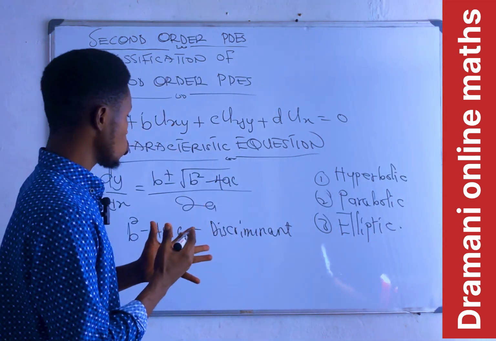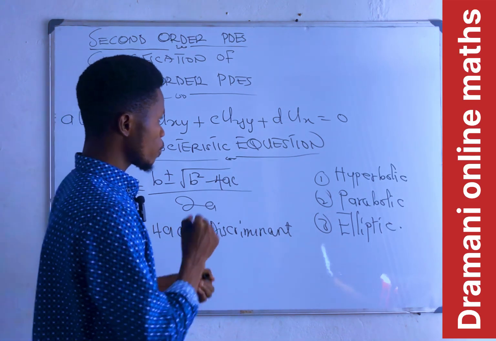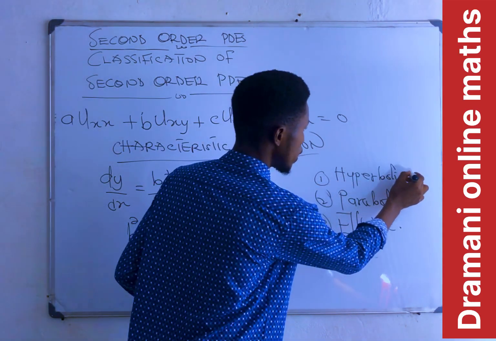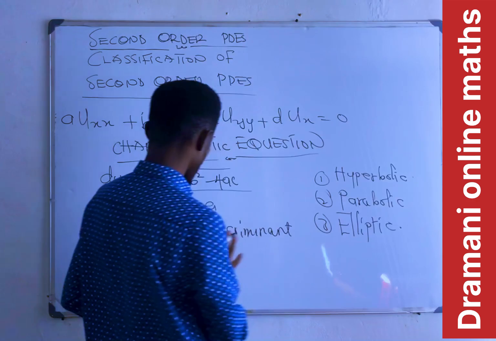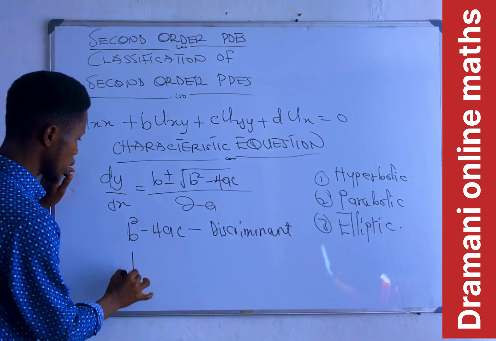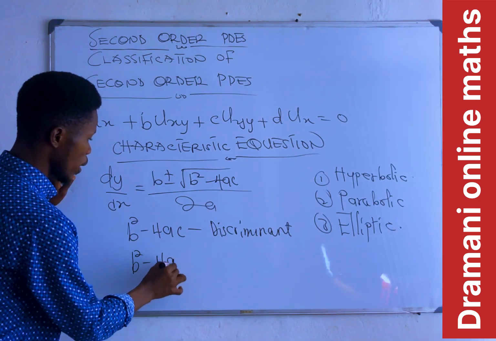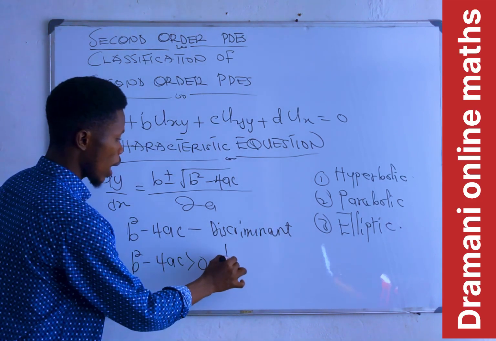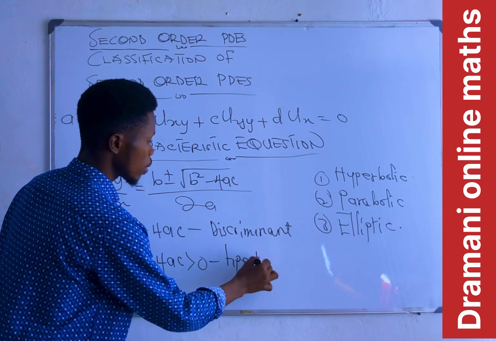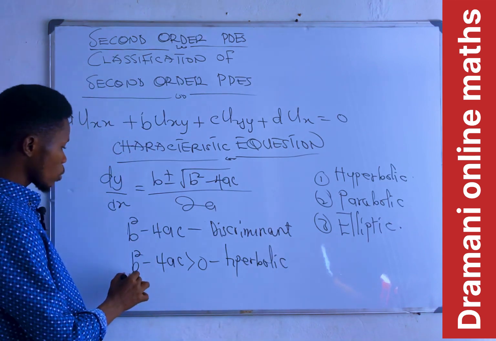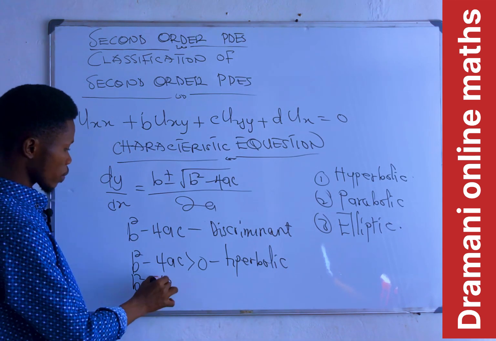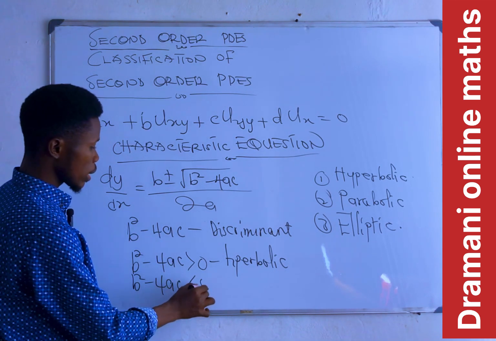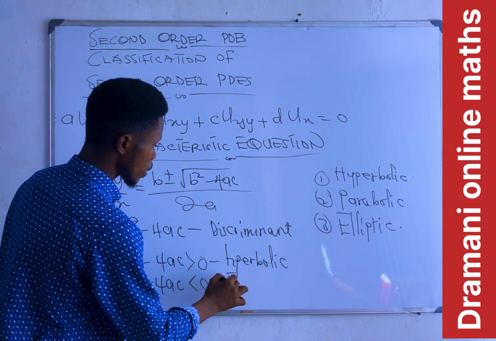If the discriminant, b squared minus 4ac, is greater than 0, then we name it hyperbolic. If the discriminant is less than 0, then we name it elliptic.